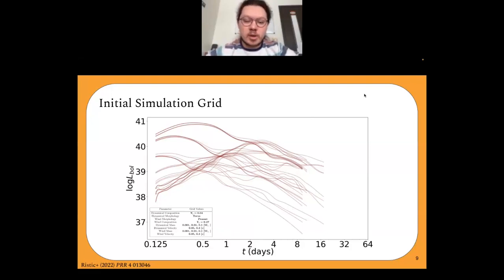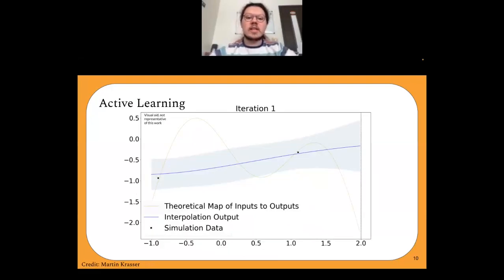And so how do Gaussian processes come into play? Well, we had this initial simulation grid, but 36 simulations was not enough to accurately interpolate the full behavior of all the different light curves that we would get from the possible inputs to our model parameters. So, again, this is a visual aid, it's not representative of light curves or anything.